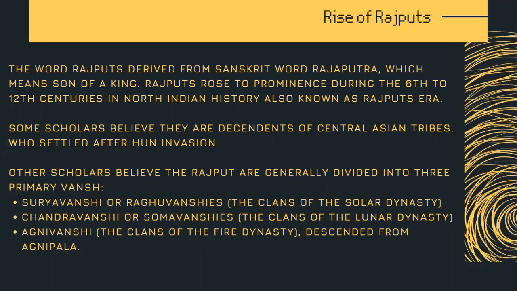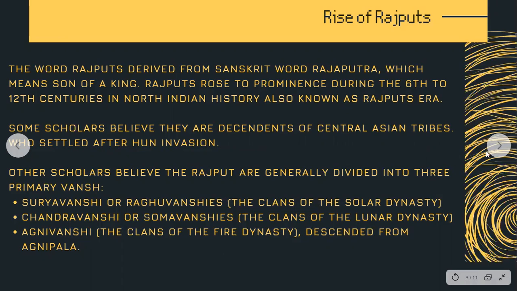So you have the Suryavanshi, the Chandravanshi, and the Agnivanshi. Suryavanshi are the clans of the solar dynasty, the sun dynasty. Chandravanshi, they come from the moon dynasty, Chandra, moon, right? The Agnivanshi are from the fire dynasty, descendant from Agnipala.